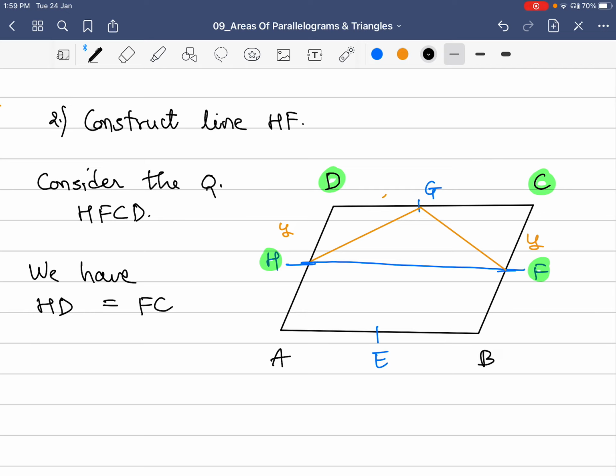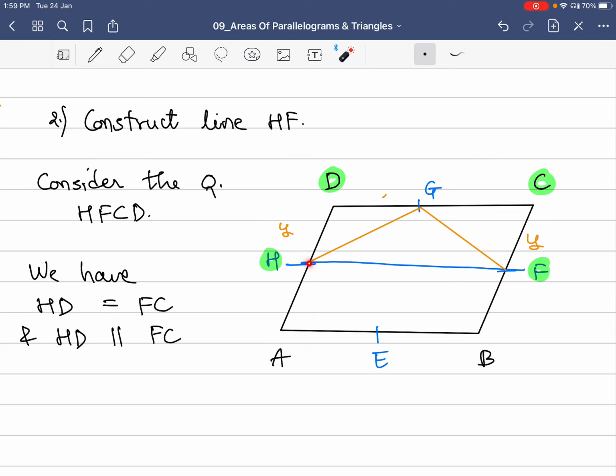The opposite sides are equal to each other. Why? Because their length is y. And we also have HD parallel to FC. Why is that so? Because AD is parallel to BC in the original parallelogram. So HD and CF are part of these two longer parallel lines.